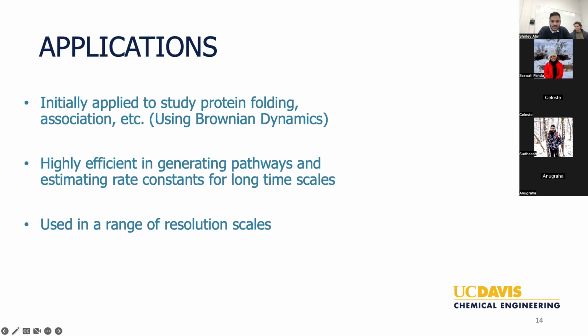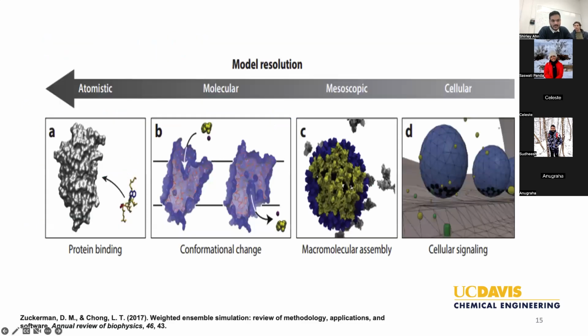So the set of trajectories which are generated are complete, they're not incomplete. And which is why it has been seen that WE is applicable in a range of resolution scales, from atomistic, where we observe things like protein binding, to cellular model resolutions.